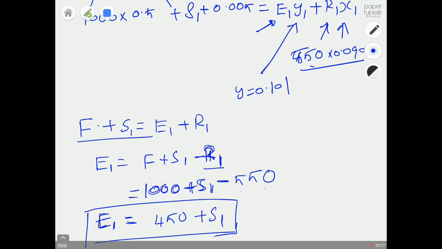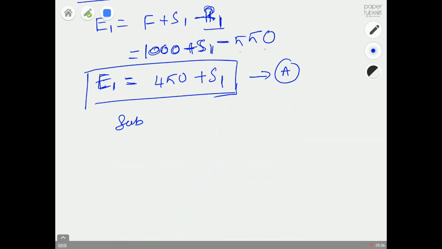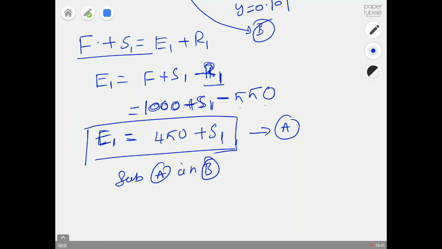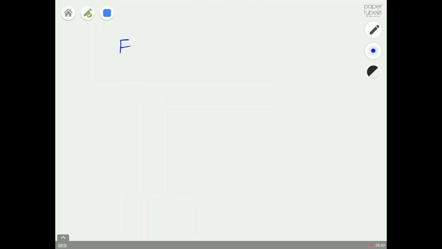Let's call this equation A, and this equation B. So substitute A in B. Let me write it again: F xF plus S1 yS equals E1 y1 plus R1 x1.